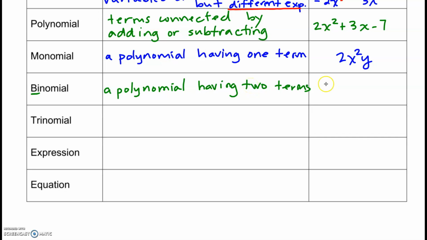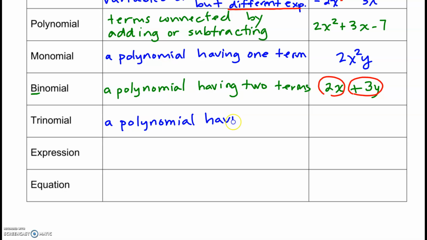So if I have 2x plus 3y, I can see my first term is 2x, and my second term would be plus 3y. And so that's how you know you have 2 terms. You look at that plus sign. Okay, trinomial, you can probably guess, is a polynomial having 3 terms.